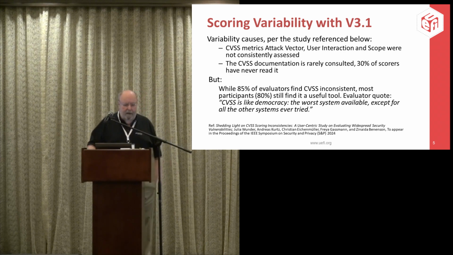Then the other thing they found in this research study was 85% of the evaluators found that CVSS was inconsistent. 80% found it a useful tool. They thought it was a valid thing to do. And one evaluator actually said, CVSS is like democracy. It's the worst system available, except for all the other systems we've ever tried.